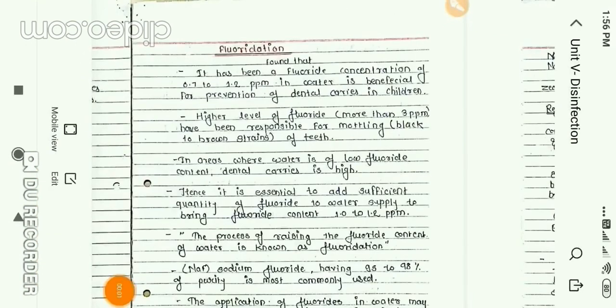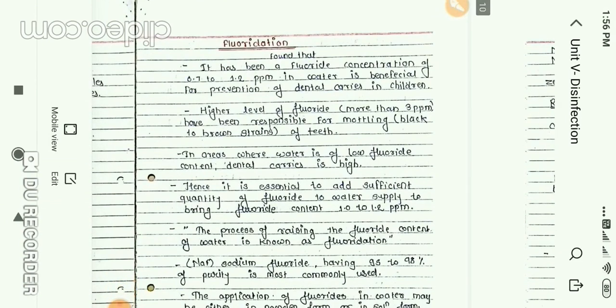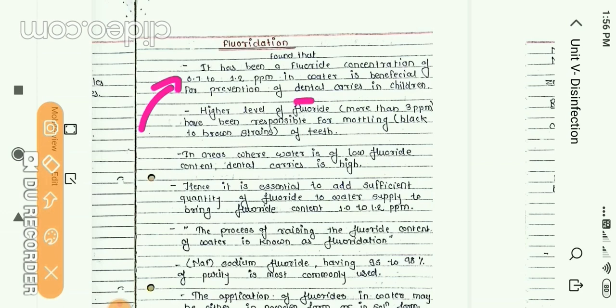Now fluoridation, the fluoride concentration. We require some concentration of fluoride, that is 0.7 to 1.2 ppm. If it is less than that, it may be harmful for dental care.